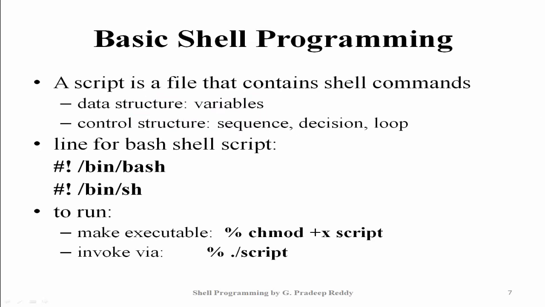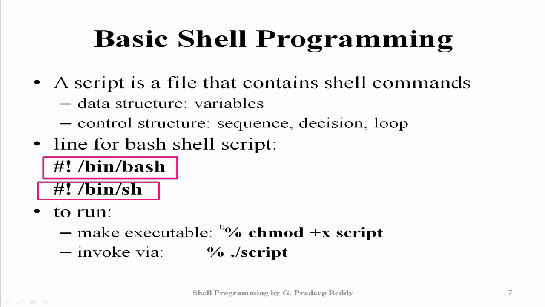Basic rules of shell programming are: it is going to start with a shebang, which starts with #!/bin/bash, or it is going to start with sh. If you are using the Bourne shell, then it uses sh. If you are using the Bourne Again shell, you are going to use bash. If you want to make it executable, you need to change the permission.